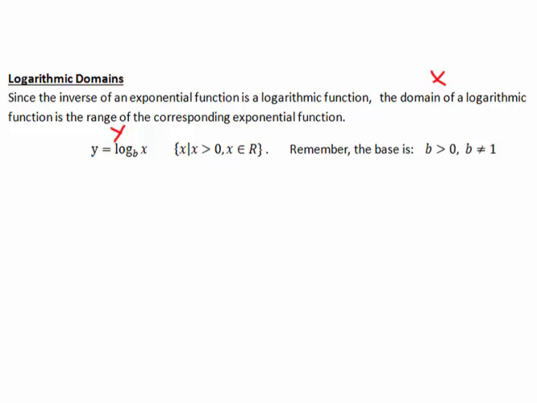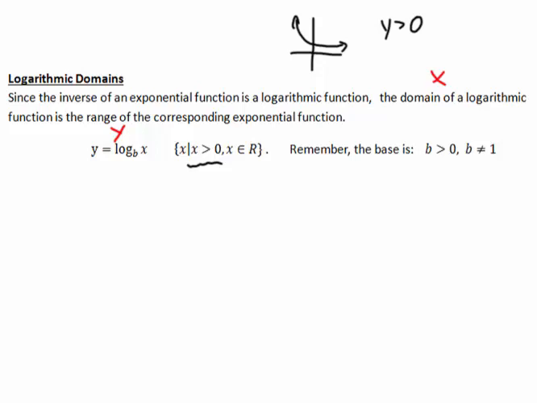So if we do a quick little sketch, our exponential function looks something like that and has a range greater than 0, which means the domain for a logarithmic function, the possible x values, correspond to the range of the exponential. So that tells us that x in our logarithm must always be greater than 0. It must be a value that's positive.